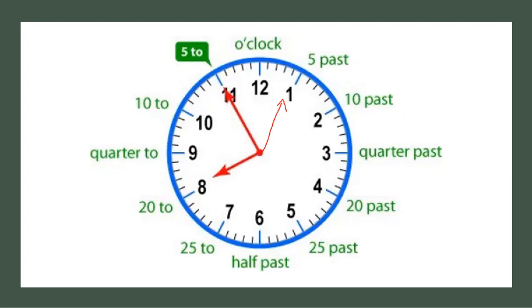If I ask you what time is it, so you have to say the time now is 5 past 8. Okay, kita akan sebut dia punya jarum minit dulu, baru jarum jam.